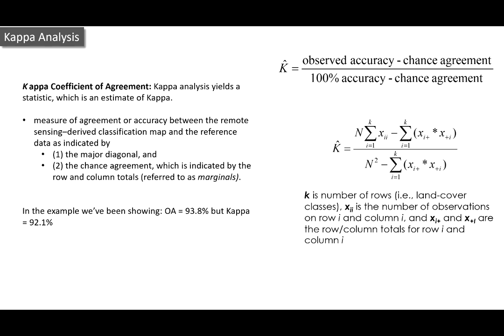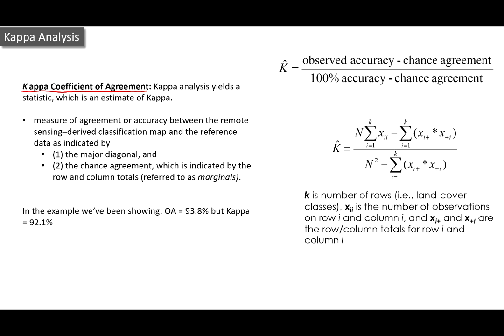So the final standard report you can derive from the confusion matrix is the kappa coefficient of agreement. It looks a little gnarly as an equation, but it's an important one, and it's really not that hard to calculate. The idea is that an overall accuracy can be really just based on chance.